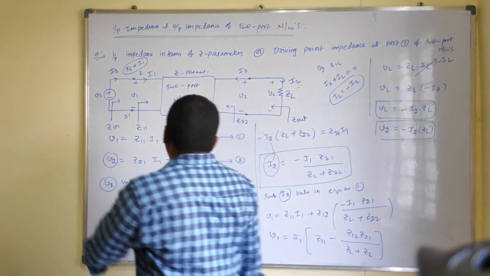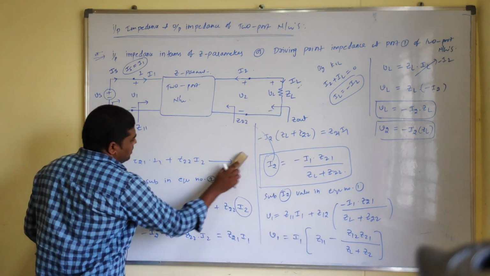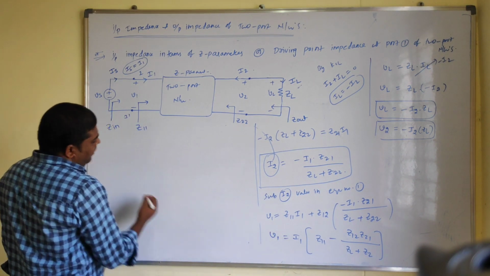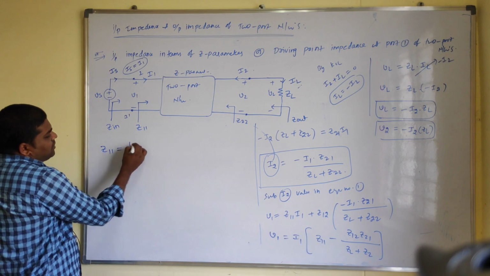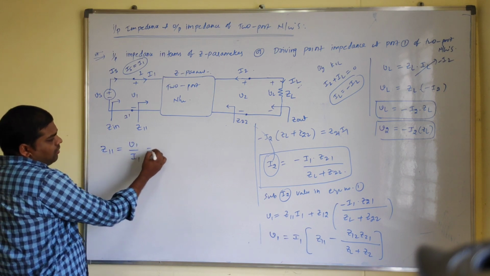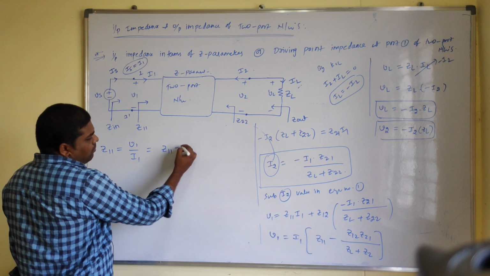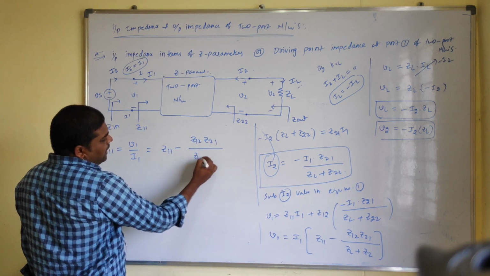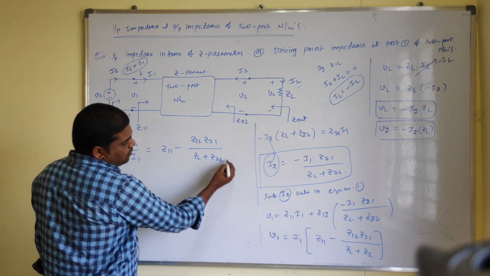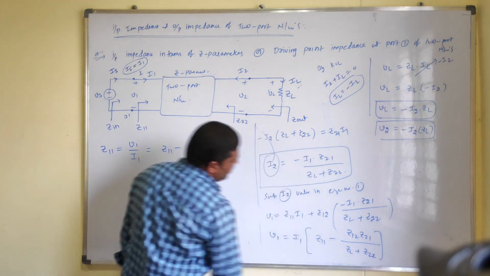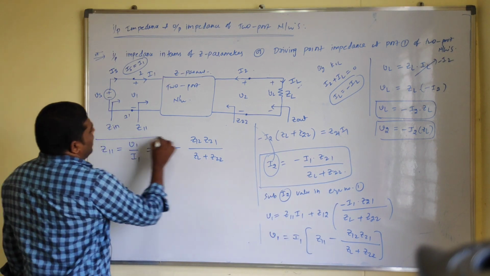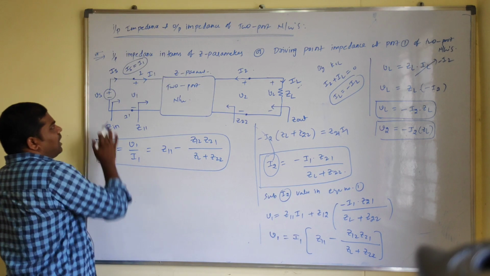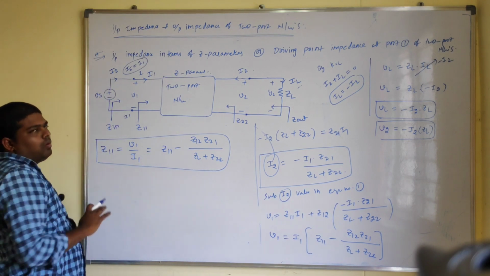I will remove these two expressions. Now Zin equals V1 by I1, which equals Z11 minus Z12 Z21 over ZL plus Z22. This is your input impedance for a given two-port network, not including the voltage source.